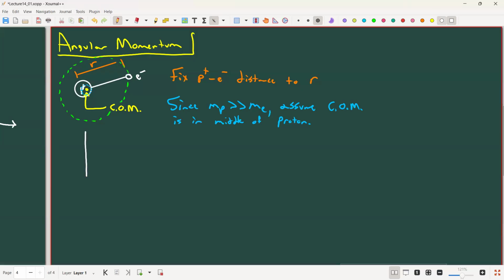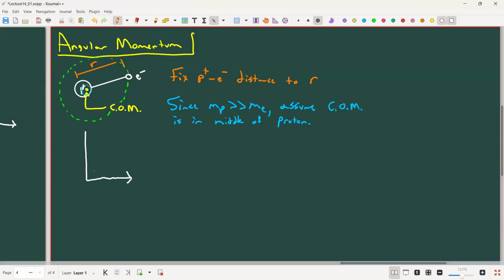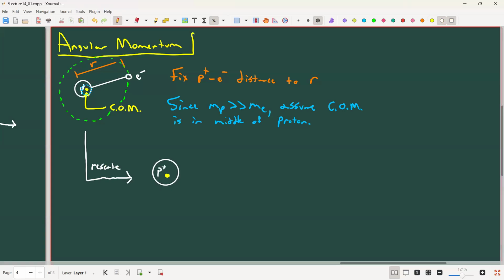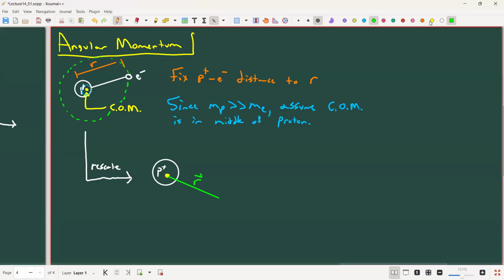So what I really could do is rescale this problem. I've got a proton here. Here's my center of mass. Here's my proton radius. This is my proton here. And then I can just define from the origin an R of my electron, which is just orbiting the proton by itself.